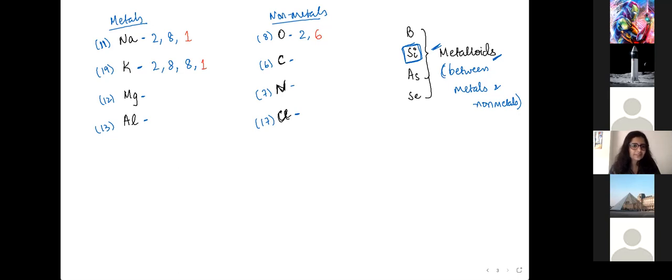Who's next? Electronic configuration for carbon? Atomic number is 6, yes. So it's 2, 4. 2, 4 is correct. Neki, magnesium? 2, 8, 2. 2, 8, 2 is absolutely right.